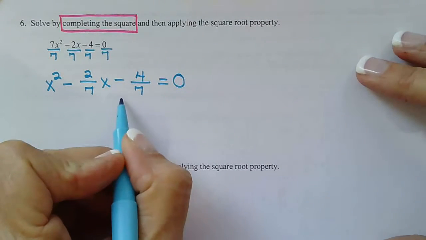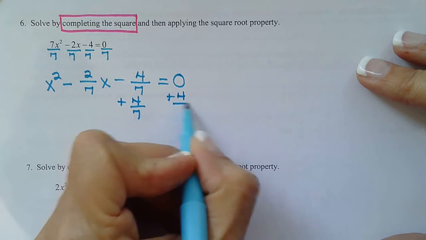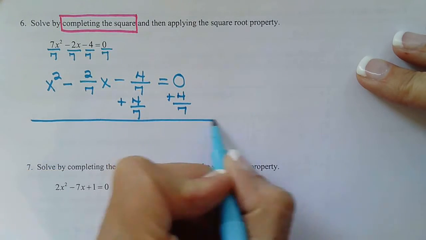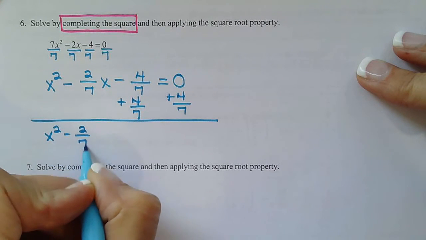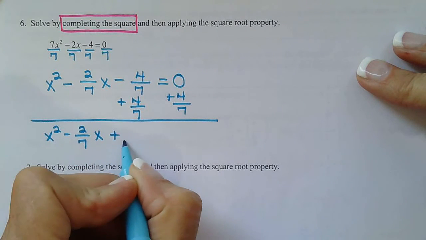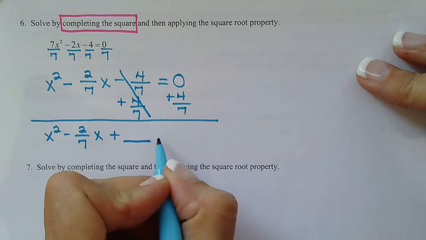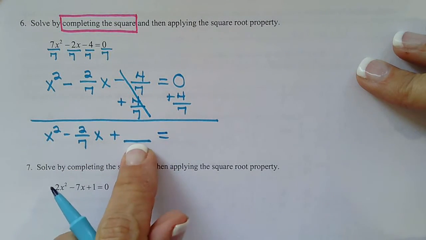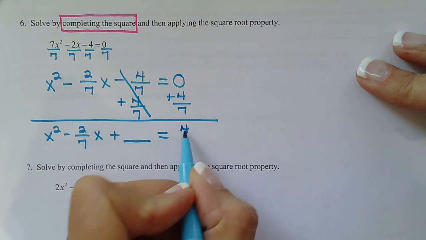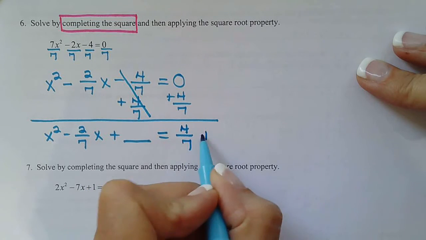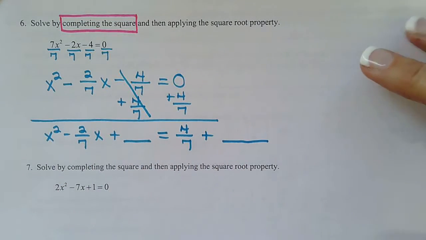So that means add 4/7 to both sides, and we get x squared minus 2/7 x plus blank, because remember this creates a 0, and that's where we're going to add in our new term to make this a perfect square trinomial. And then whatever we do to the right, we have to do to the left. So we get 4/7 plus blank.